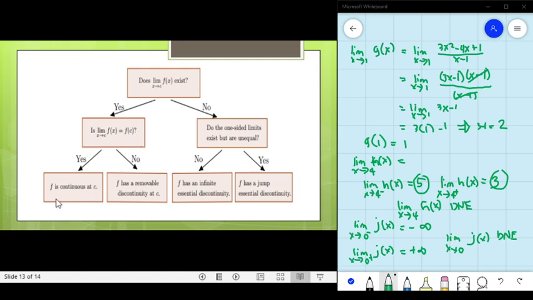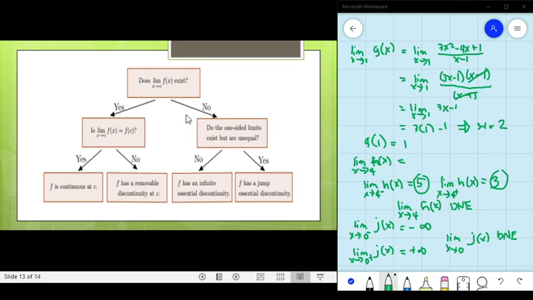If equal, so we can say that f is continuous at c. Kung dili, meaning ang function has a removable discontinuity at c. Discontinuous siya pero removable lamang.